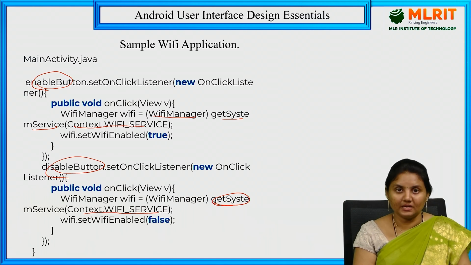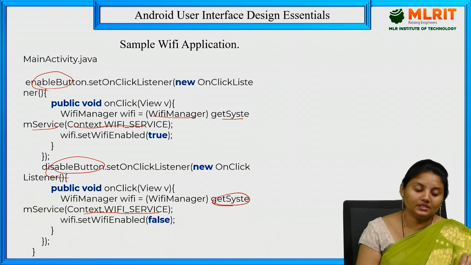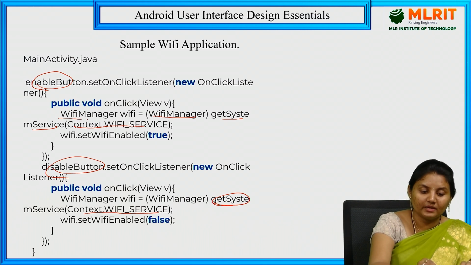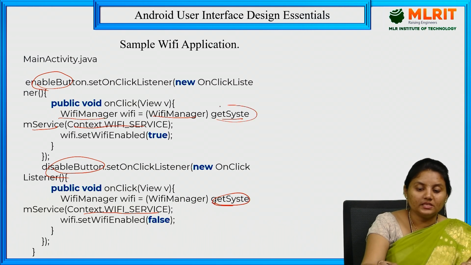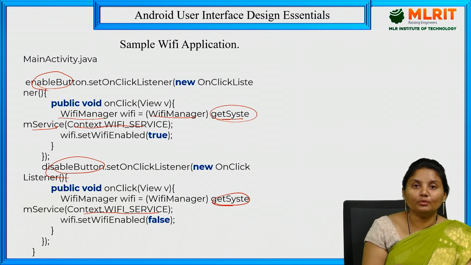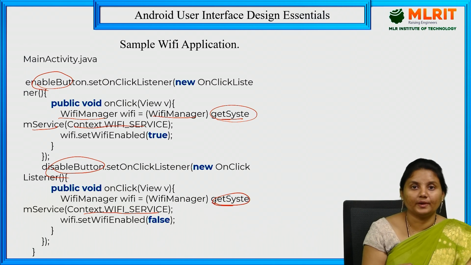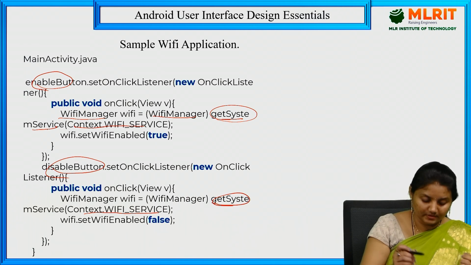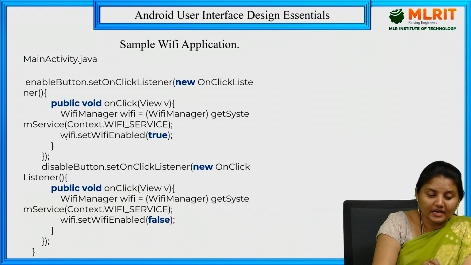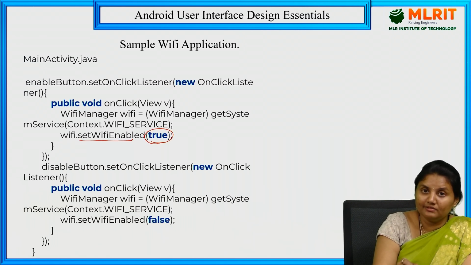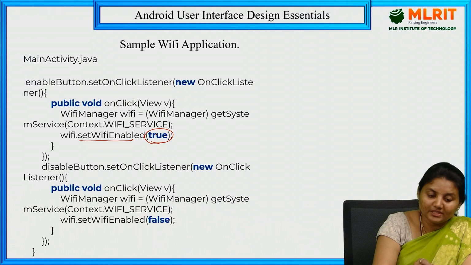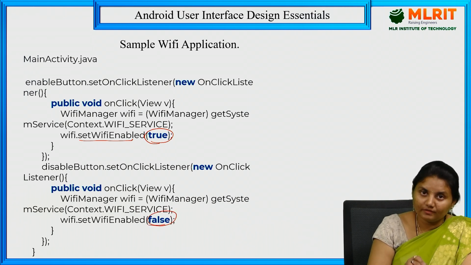A Wi-Fi service can be provided by the Wi-Fi manager, for which we have used the android.net.wifi package. In that package we have the WifiManager class, and these are the methods used to provide the services of the Wi-Fi, that is getSystemService. Now setWifiEnabled: if it is true, your Wi-Fi is enabled, and if it is false, your Wi-Fi is disabled.